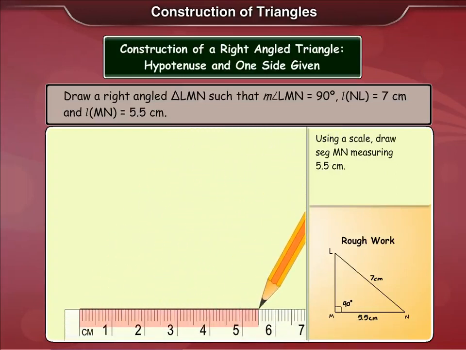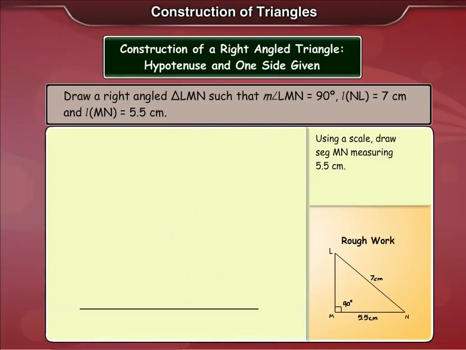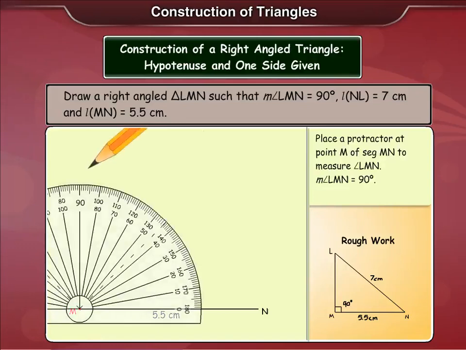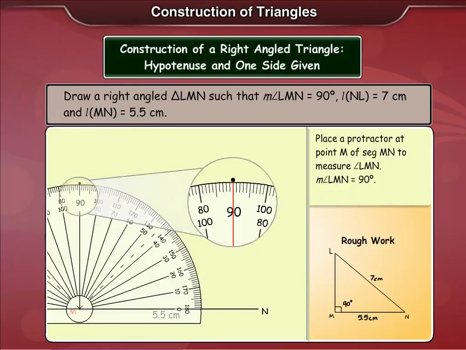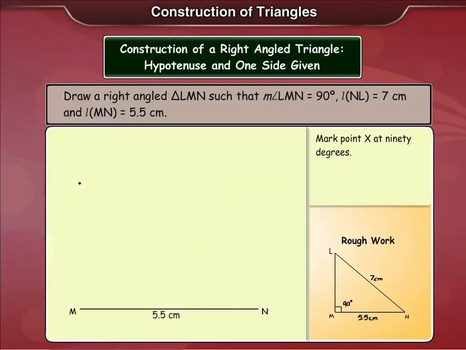Take center N and radius 7 cm. Draw an arc on ray MN. Name this point as L'. Join point N and point L' such that triangle L'MN is formed.